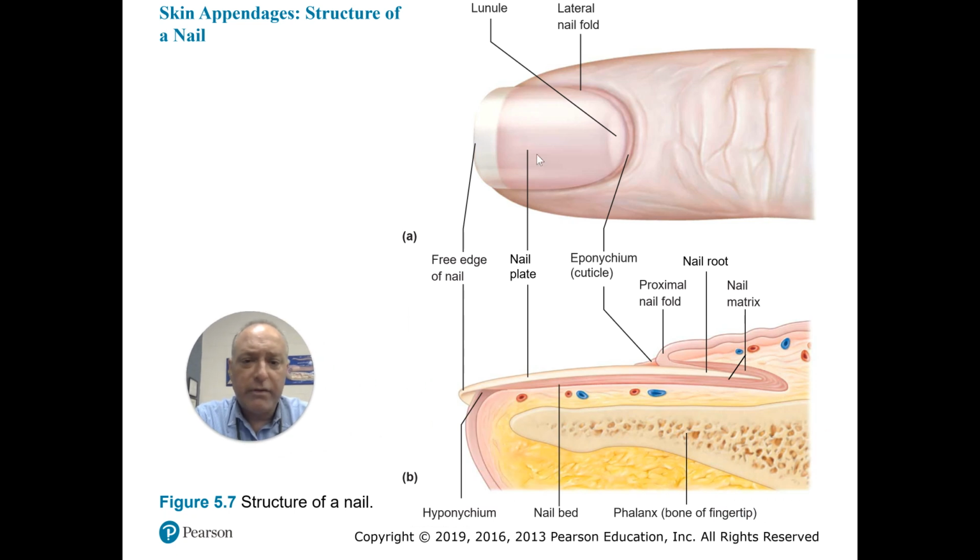Okay, so here's our free edge, our nail plate, our eponychium, which is the cuticle, and then the hyponychium, the one that will gather dirt. Under the nail, you've got the nail bed with the nail matrix, and there's the nail root where the nail is coming out.